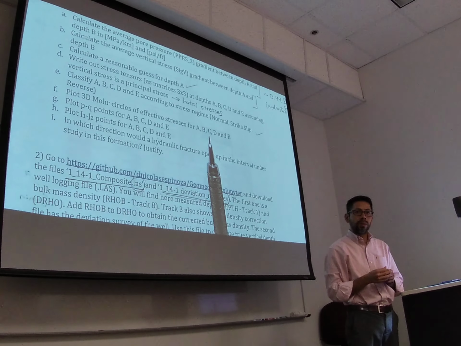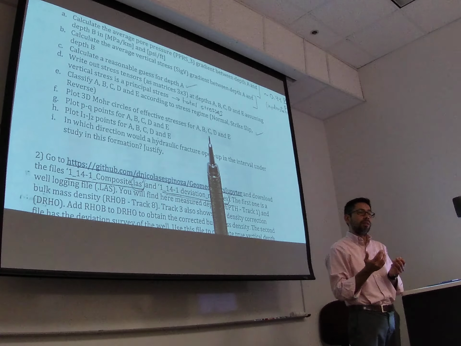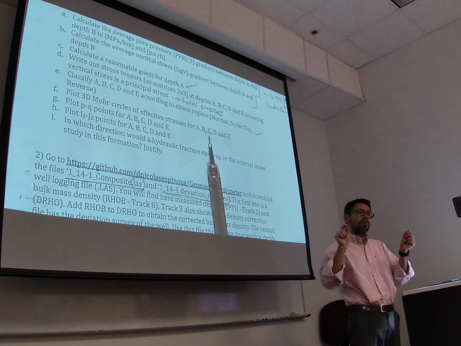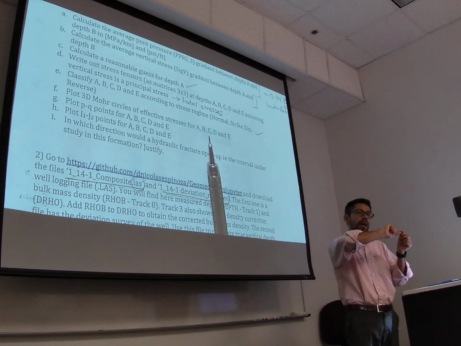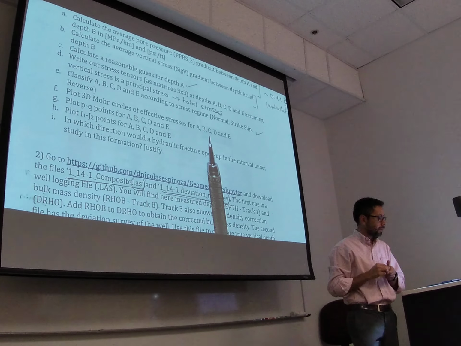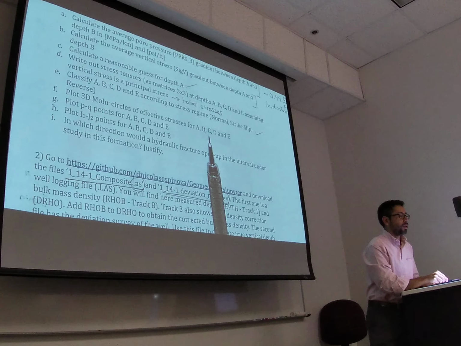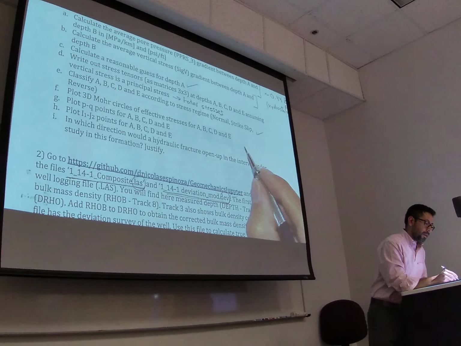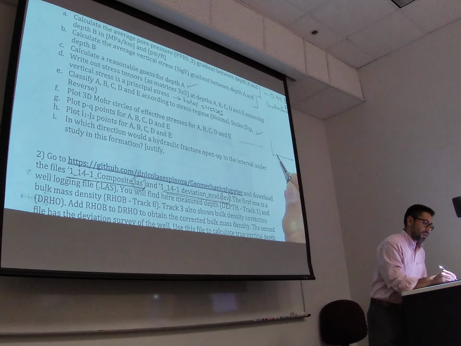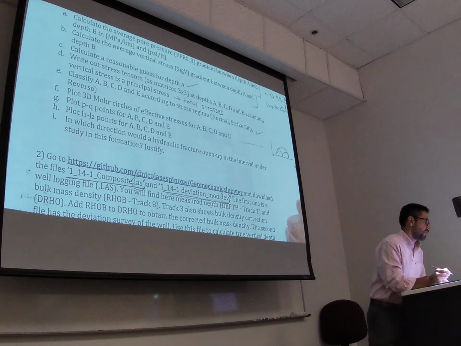You can use that too. I'm not sure if you can plot circles with that. Yeah, I don't know. But if that's not available, just calculate several points along a circle and then just plot that. Okay? So for the 3D Mohr circle, it's just like you have 3 principal stresses, right? You have 3 circles. 1, 2, 3. You plotted 3 circles. That's it.